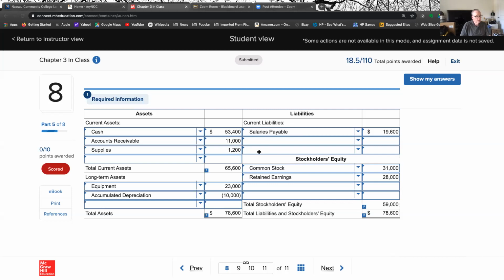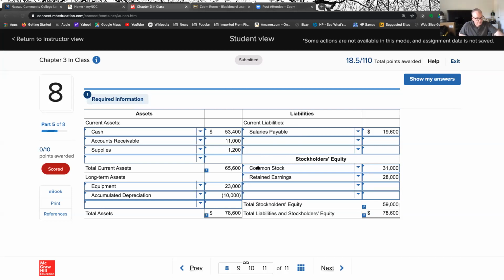All right, now, common stock we knew, right? Common stock when we started was 25,000 and we sold 6,000 more. So common stock was 31,000. And again, your account shows you that. But your retained earnings account, at least right now, it won't say 28,000. Your retained earnings account right now says 9,500.